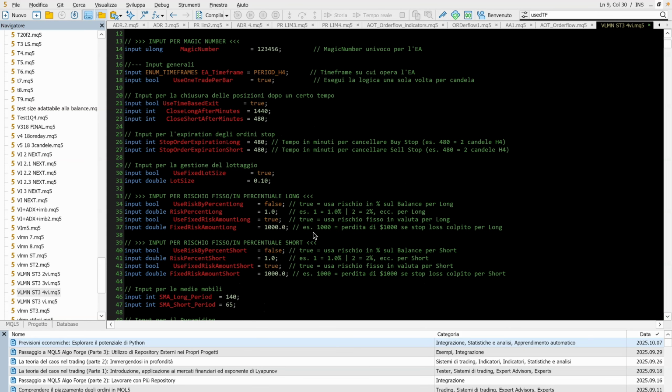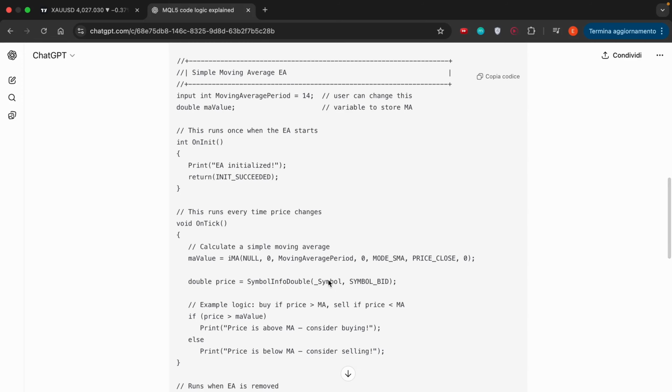When you do the testing and optimization test, that's the third phase, you're going to notice that the simpler it is, the better the performance is going to be. And why is that? Because if you have too many parameters altogether and you optimize them, you're going to overfit the algorithm.